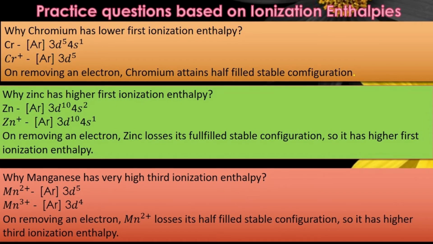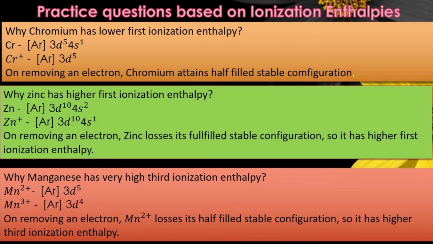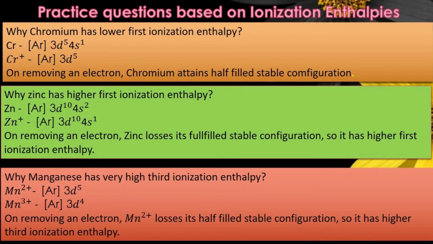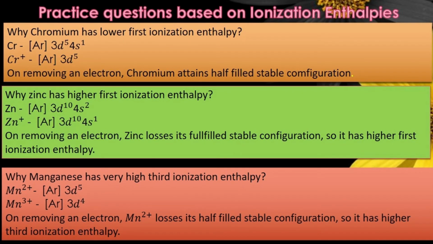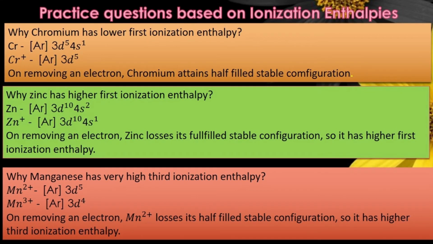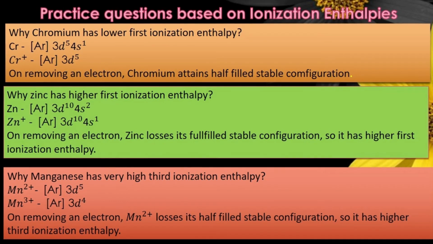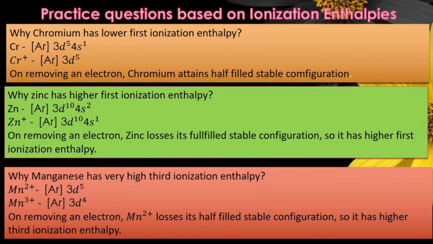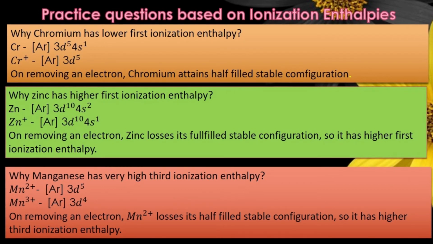Similarly, zinc has higher first ionization enthalpy. This can also be explained on the basis of its electronic configuration. If you consider the electronic configuration of zinc, it is argon 3d10 4s2. When it forms the zinc plus ion, it is losing its fulfilled stable electronic configuration and it becomes argon 3d10 4s1.